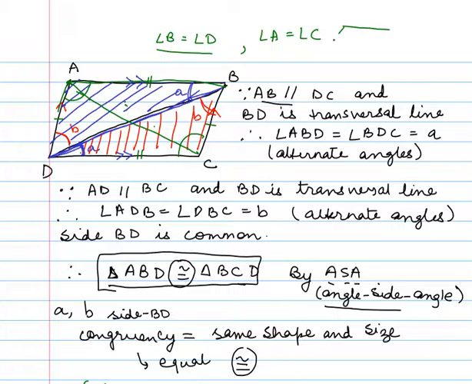So if this is a parallelogram ABCD, and this is a diagonal, you can prove that opposite angles are equal and opposite sides are equal by just proving that these two triangles are equal.